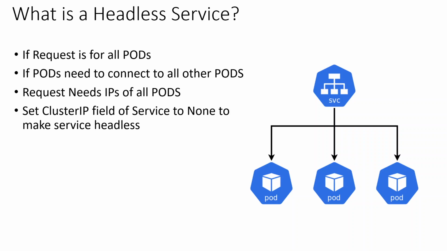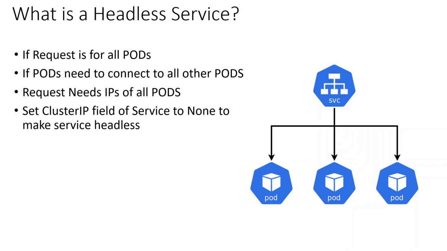Instead of returning a single DNS A record, the DNS server will return multiple A records for the service, and each one of these DNS records will point to the IP address of an individual pod backing the service at that moment. Clients can therefore do a simple DNS A record lookup and get the IPs of all the pods that are part of that service. The client can then use that information to connect to one, many, or all of those pods.